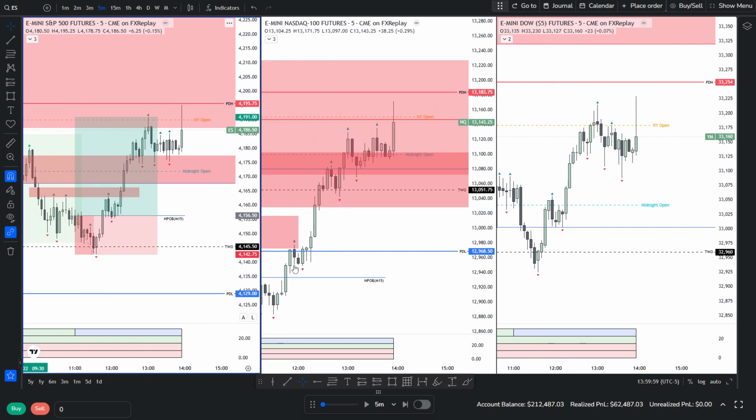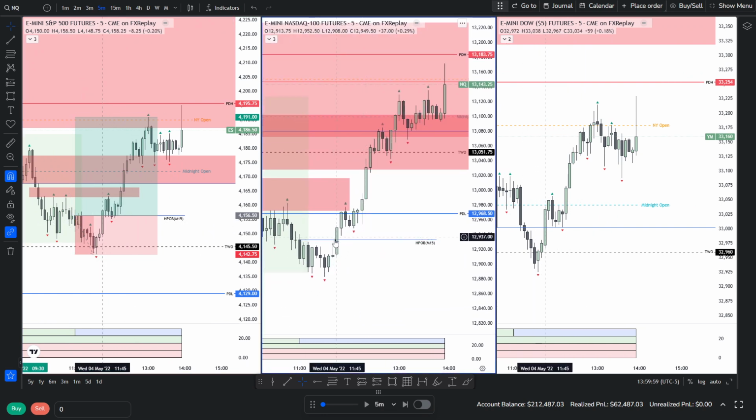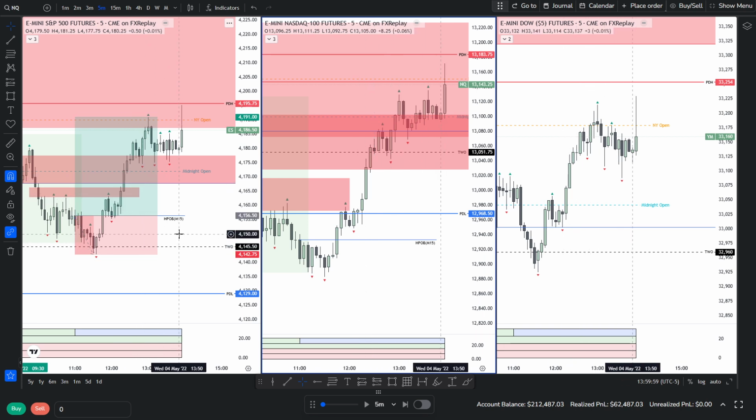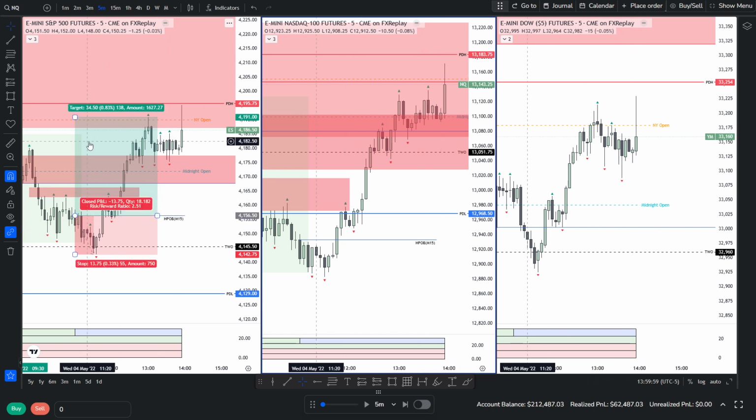There's the M5 displacement. Yeah, it's probably definitely worth taking.